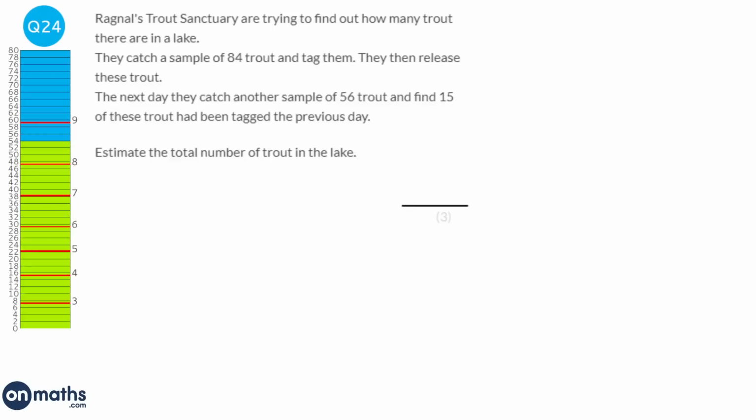Capture-Recapture is a way of estimating total population sizes, and it uses a really nice formula, which is N equals little n times little m over big M. Now, n and m, the little ones, are sample sizes.